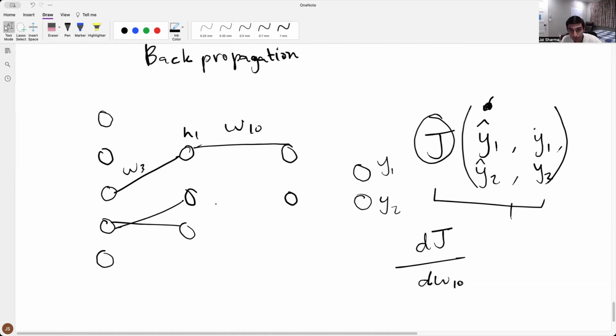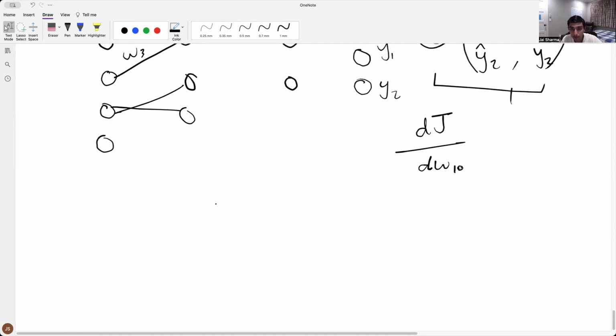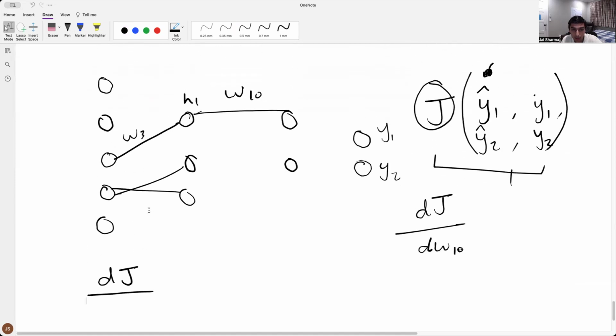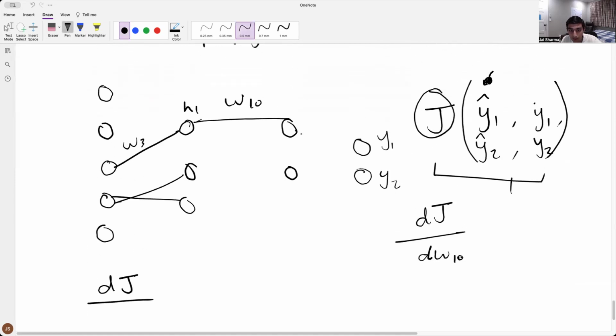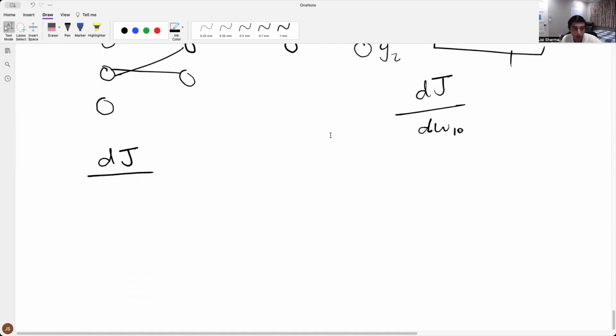Well, what you would do is use the chain rule. Suppose we want to find dJ/dW20, where this one right here is W20.